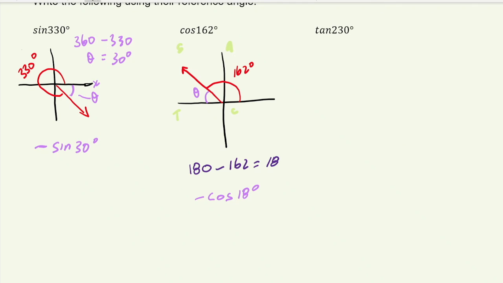Last one there, let's have a look at this one. Another little diagram. This time it is tan of 230. So tan comes around here. This will be 230. And we want to go the other way a little bit. We actually want to go 230 minus 180 this time.